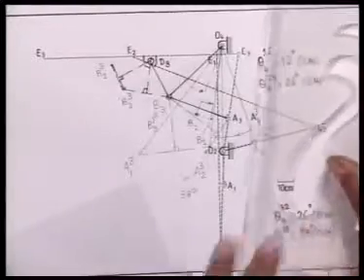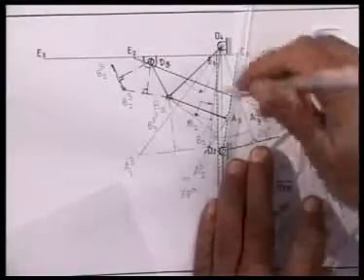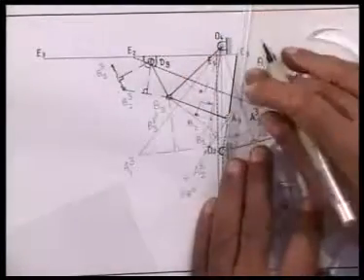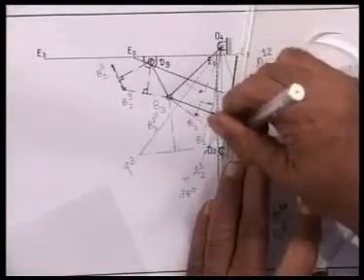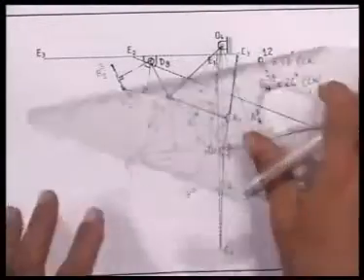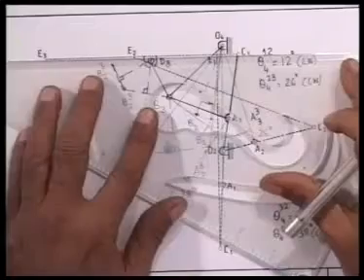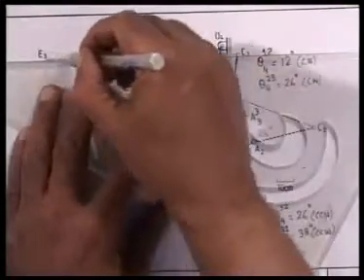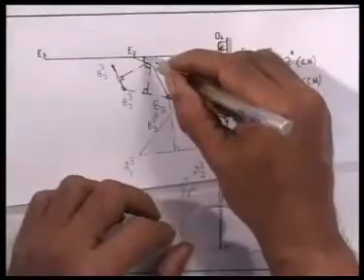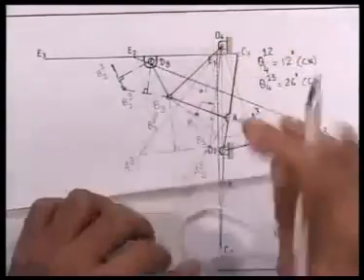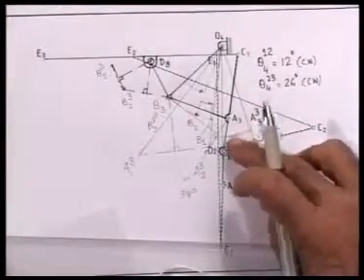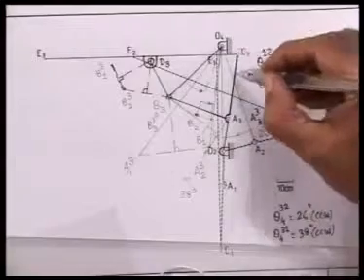To complete this linkage, let me now make this line continuous, this line also continuous. So we get by this firm line the design of the representation of the entire mechanism.